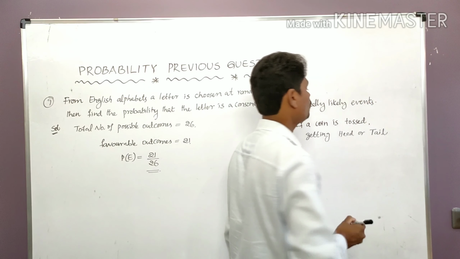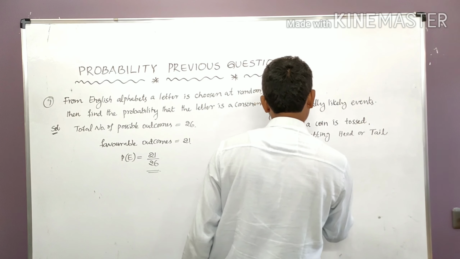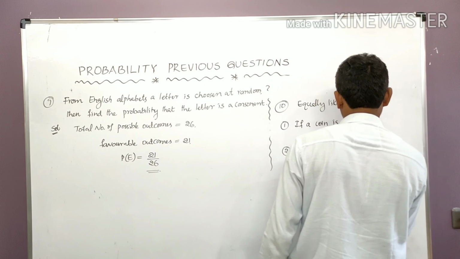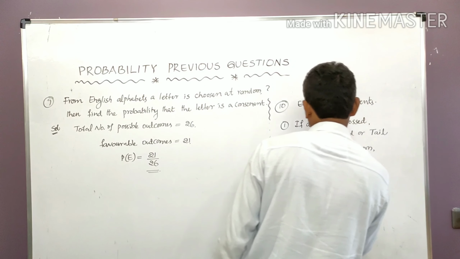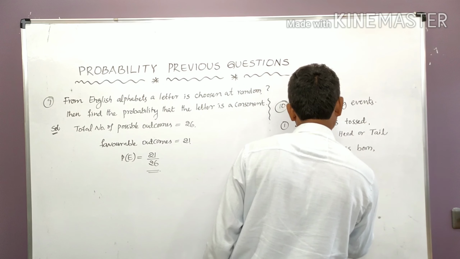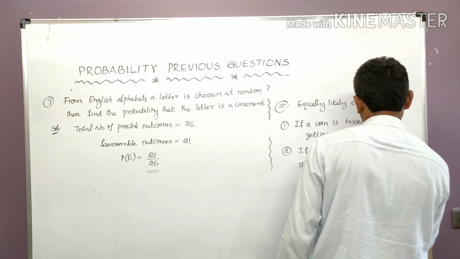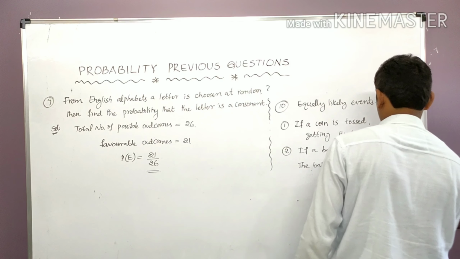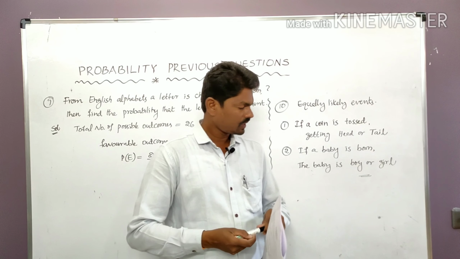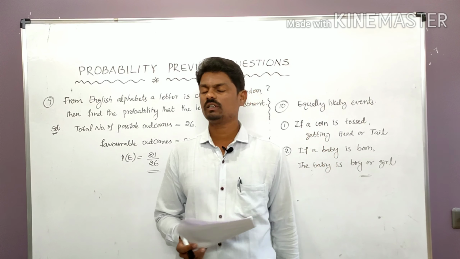So this is equally likely event student. Example 2: if a baby is born, the baby is boy or girl. So these 2 are the examples for equally likely events.